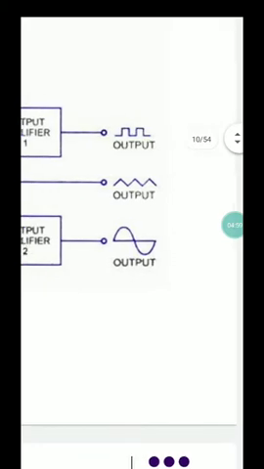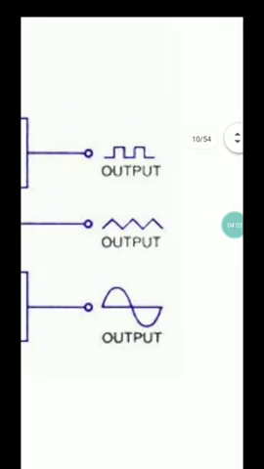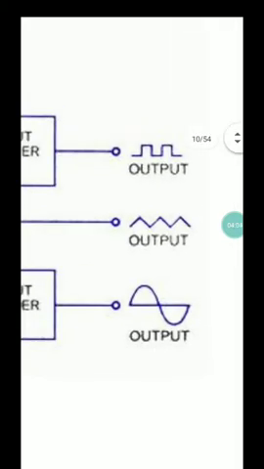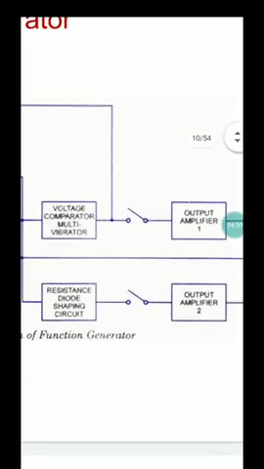The output amplifier first gives you a square wave, then the second output of integrator gives you a triangular wave, and third output, which comes from your resistance diode shaping network, gives you a sine wave. This is how your function generator produces three important waves, that is square wave, or sometimes called rectangular wave also, then a triangular wave, and third one is your sine wave.